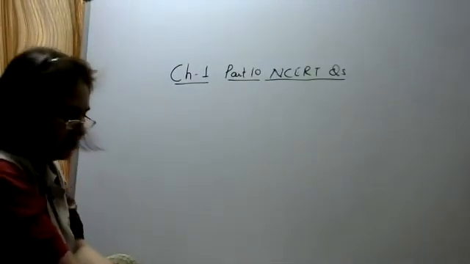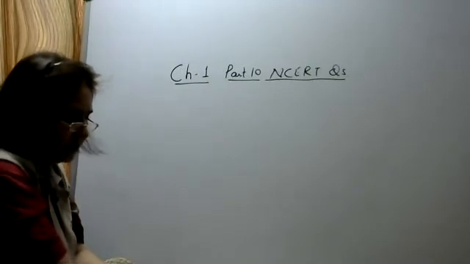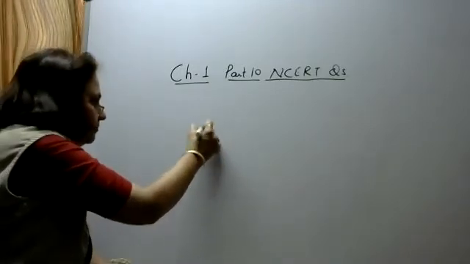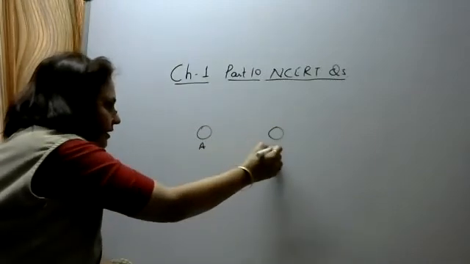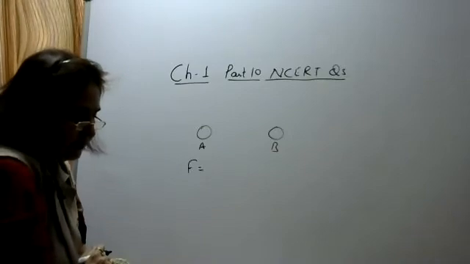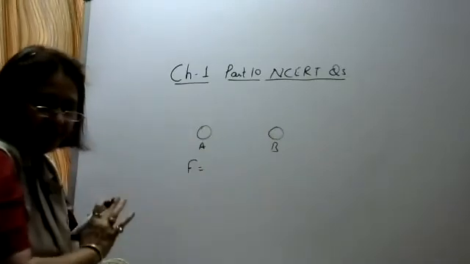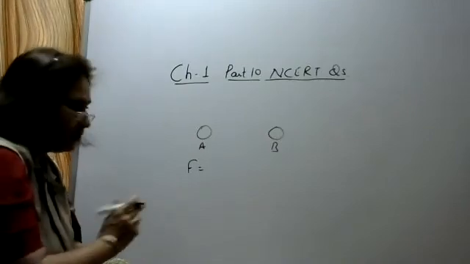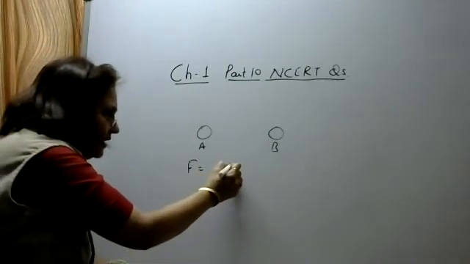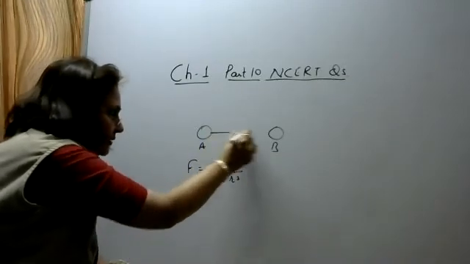There are two charges A and B, and the force between them is F. They are identical sizes, the same as the 12th question. Q1, Q2 both are equal, so F is equal to K Q1 Q2, that is Q square upon R square.